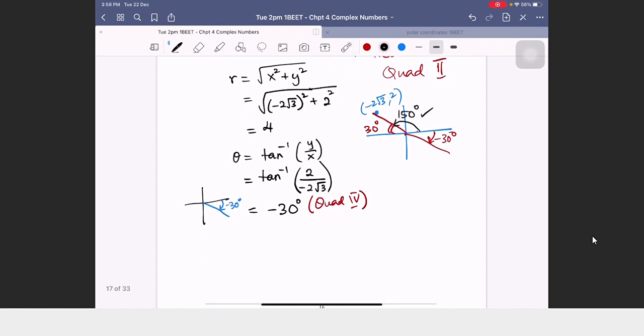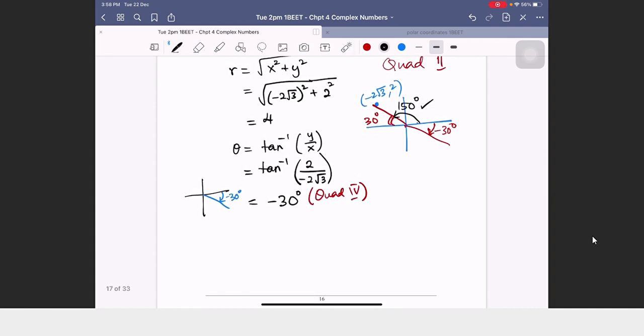Okay, so now, if I want to write a longer conclusion, I will write as I just explained: the point minus 2 sec 3, 2 is in quadrant 2, thus in quadrant 2 the angle is, and so on.